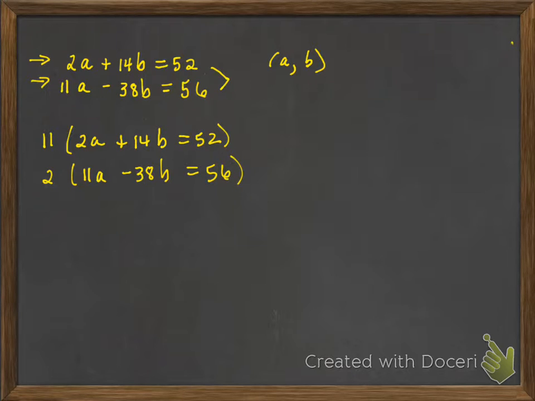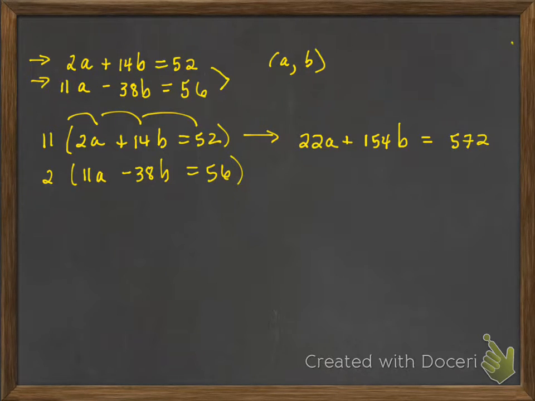All right? So if I distribute that 11 to this, this, and this, that's 22a plus, what's 14 times 11? 154b equals, and 11 times 52 is 572.